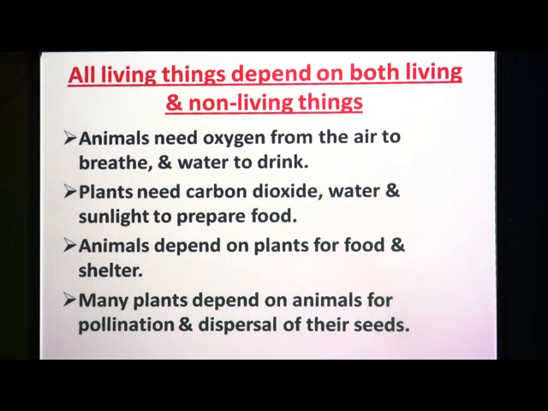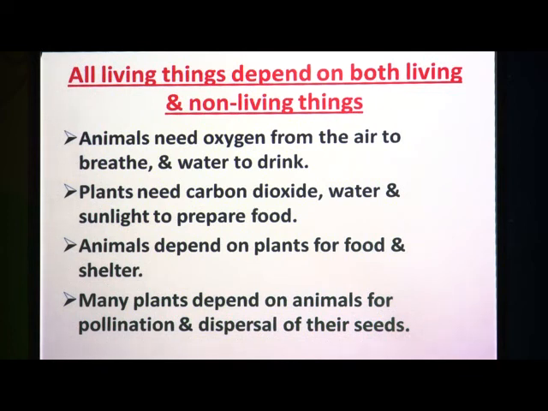For example, plants, animals, and birds are living things, and air, water, soil, sunlight, different types of rocks, etc. are examples of non-living things. Apart from that, there are various other types of non-living things also, and all living things depend on both living and non-living things.